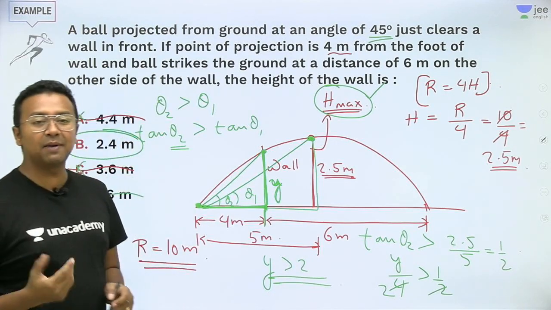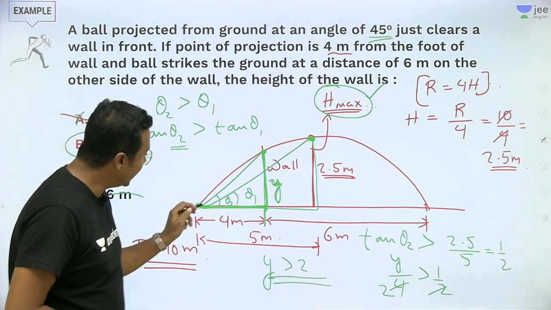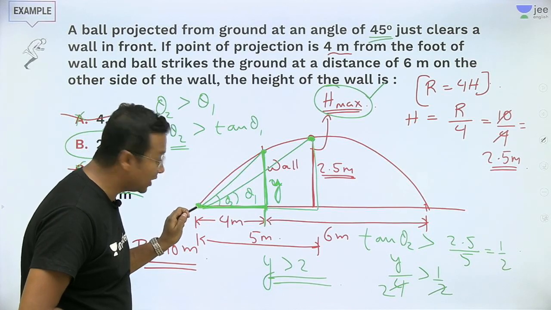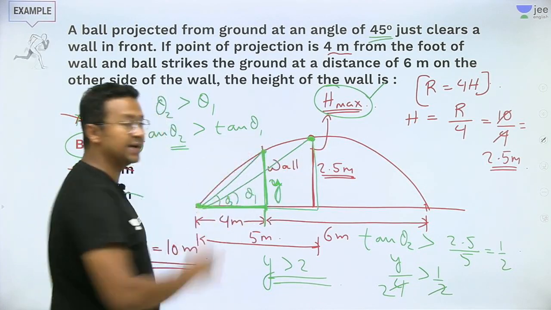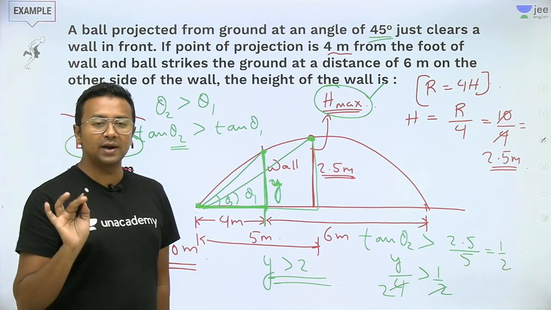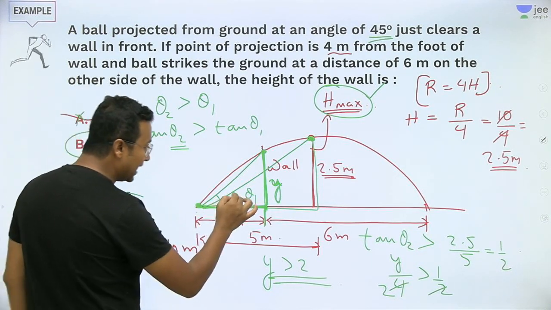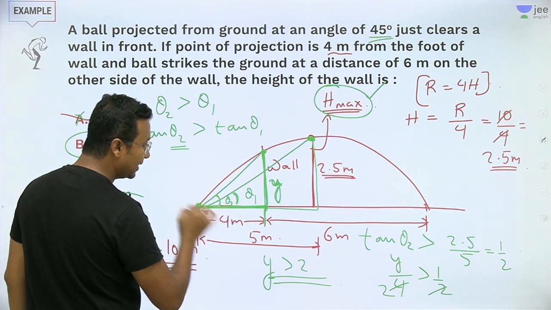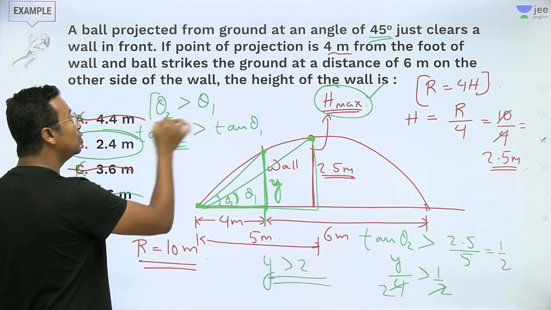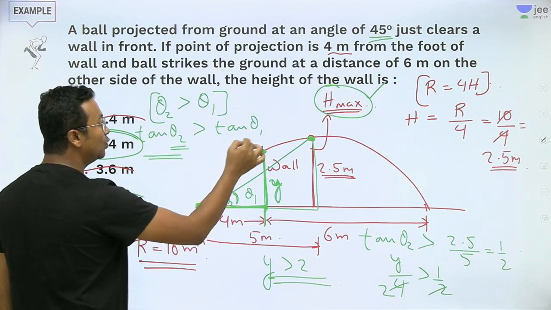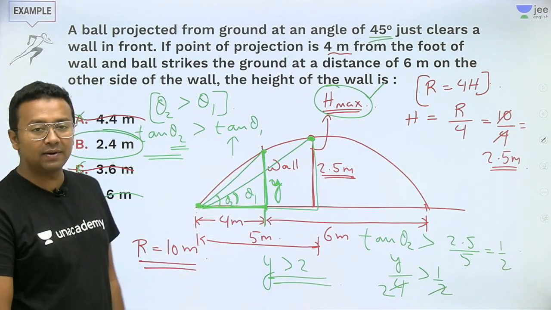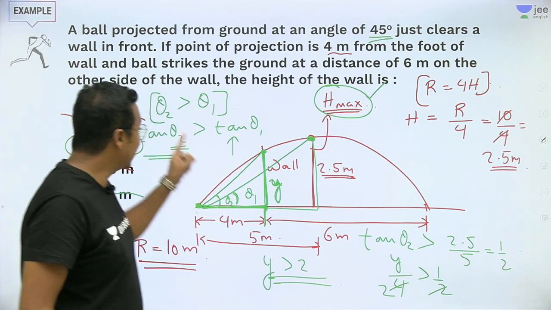Now comes the second part of the solution. I connected the point of projection to these points. Now what did I see out there? I calculated these angles and saw that my theta 2 is greater than theta 1, which implies tan of theta 2 will be greater than tan of theta 1, right? What is tan theta 2?